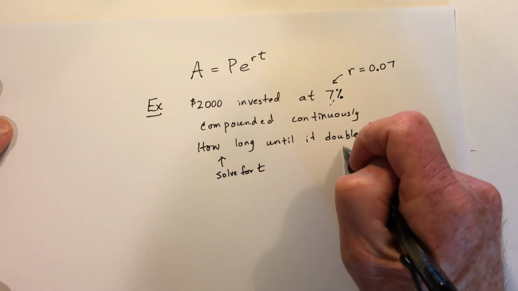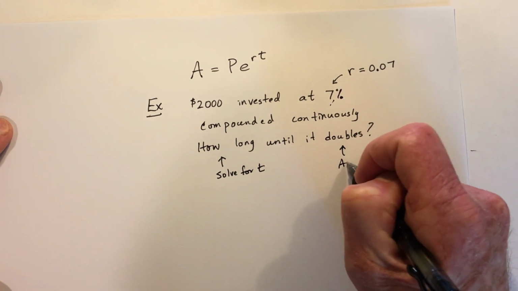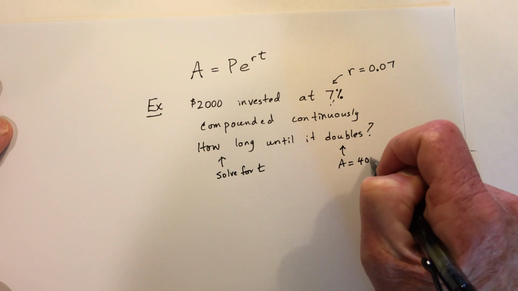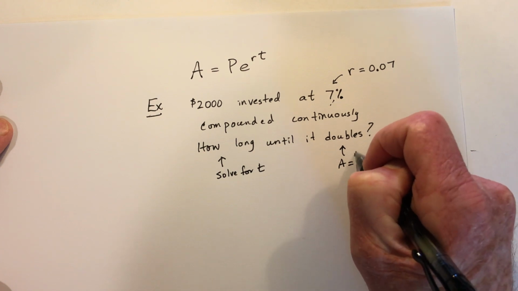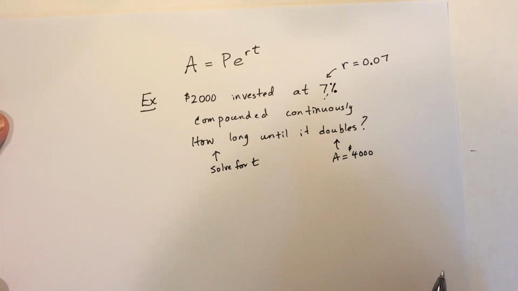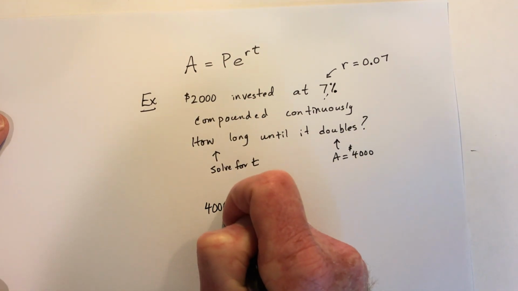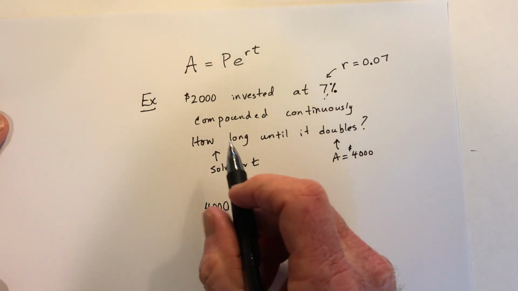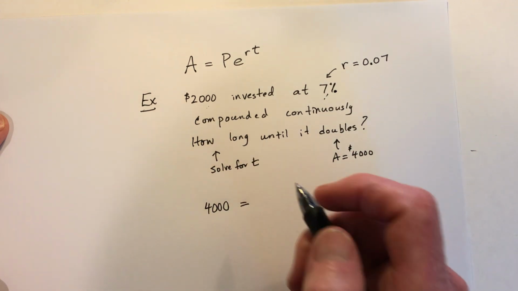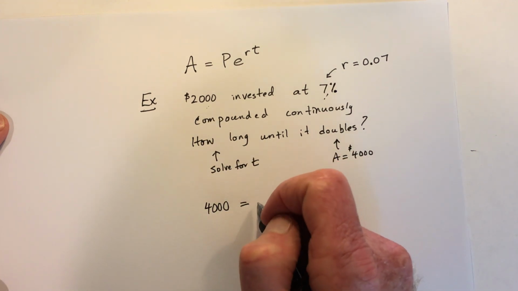And then if it doubles, well, that means that the amount, instead of $2,000, will be $4,000. So substitute the $4,000 over here. The P, excuse me, the P is the $2,000.